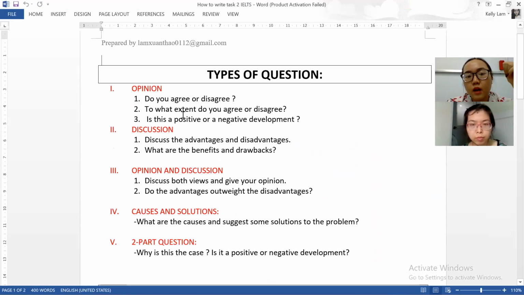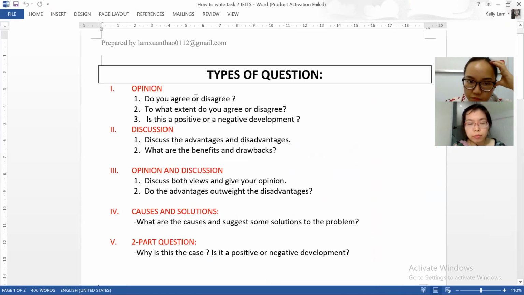With the opinion essay, they will have 3 ways to ask you the question. They'll ask you, do you agree or disagree with this? Or to what extent do you agree or disagree? Or is this a positive or negative development? So when you see one of these 3 questions, you know that they are asking about the opinion.